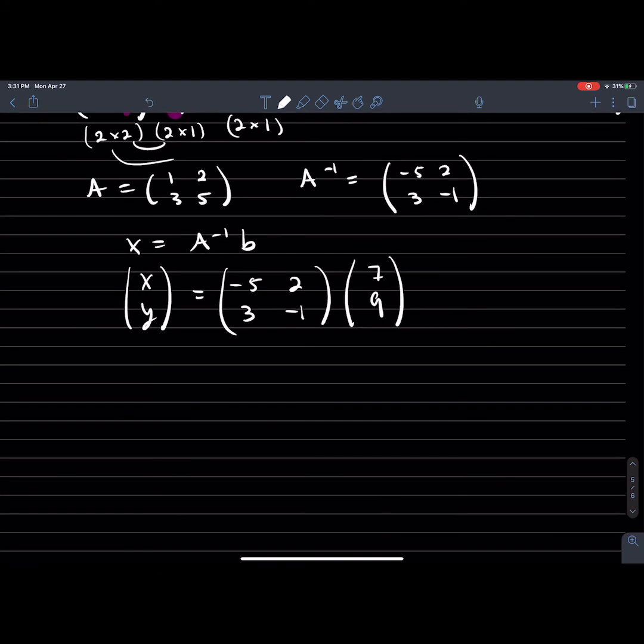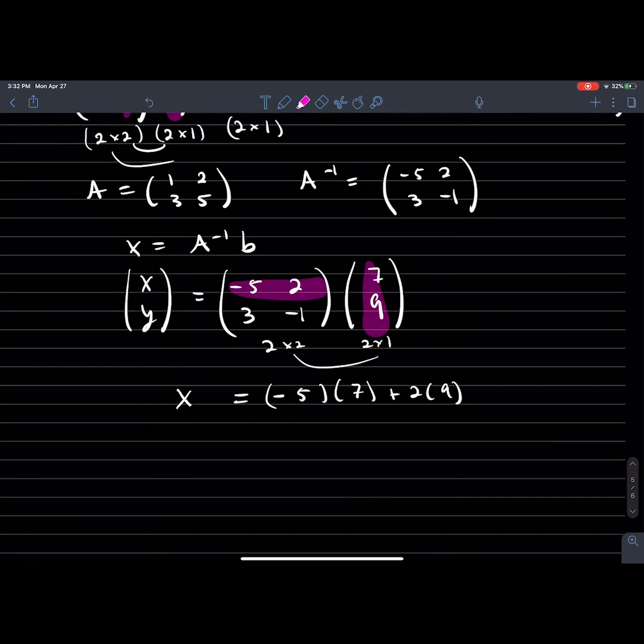So if we write it out, again, this is my 2 by 2, my 2 by 1. Basically, I get my X equals minus 5 times 7 plus 2 times 9. That's my inner product of that times that, my first row, first column. And that's minus 35 plus 18, which is minus 17.